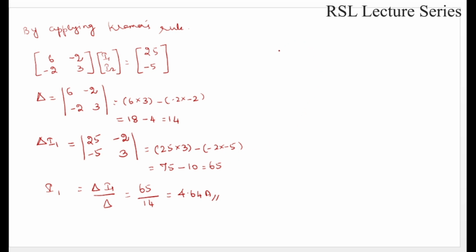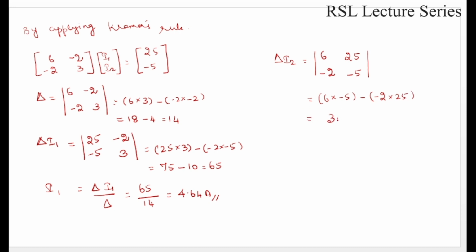Next, for finding out the I2 value, we have to find out delta I2. For this, the second column of the resistance matrix is replaced by the right hand side matrix. Now we find the determinant: 6 into -5 minus of -2 into 25.